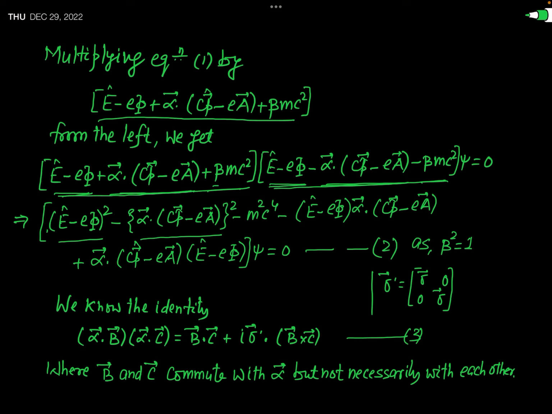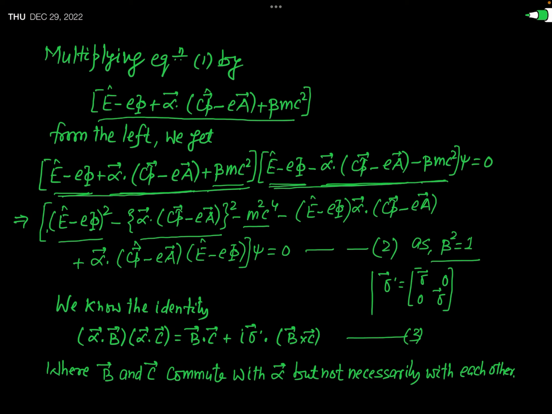And this beta mc square will also be operated on this minus beta mc square, so that will be minus beta square m square c⁴. But you have studied in the previous lectures that the square of this beta matrix is equal to 1, so I have not written beta square here. So this is simply minus m square c⁴.